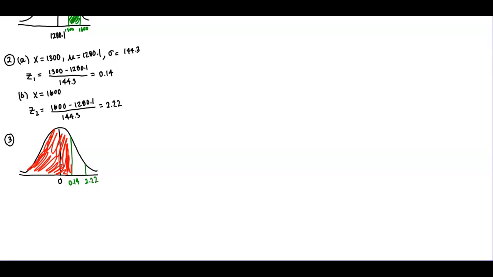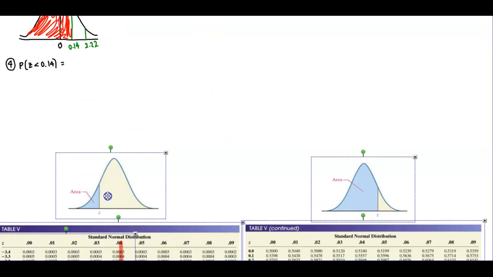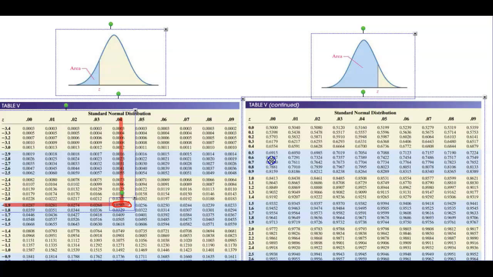So let's go ahead and do that. We want to find the probability of when z is less than 0.14. So let's go down here, 0.14.